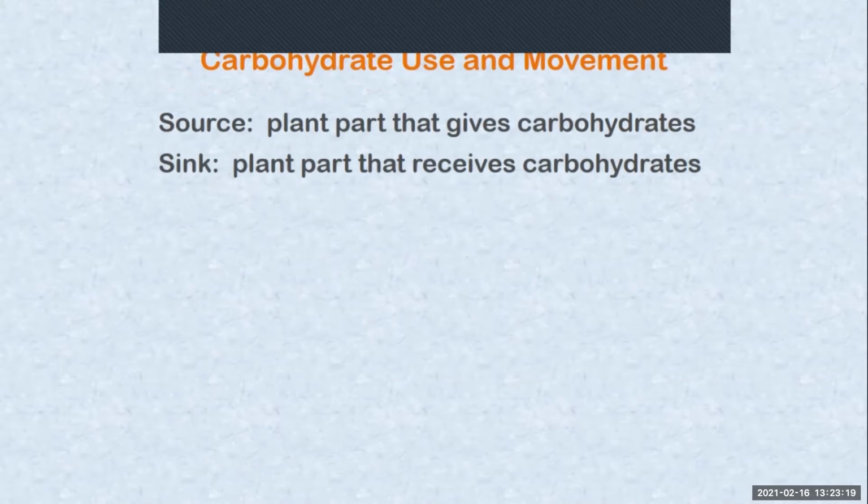All right, a couple more terms that are in your book: source and sink. A source is a plant part that gives carbohydrates to another plant part. And the sink is the plant part that receives those carbohydrates.